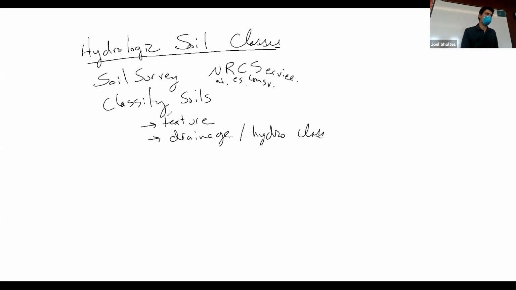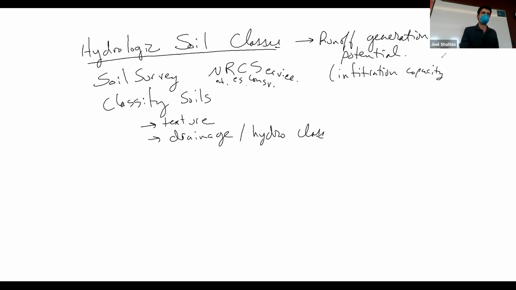But really what we want to know is this hydrologic soil class, which tells us the runoff generation potential. Basically, infiltration capacity, right? It can also tell us where we might have more or less luck with infiltration galleries, septic systems, and the like.